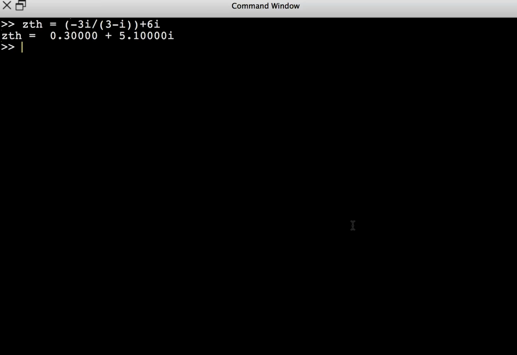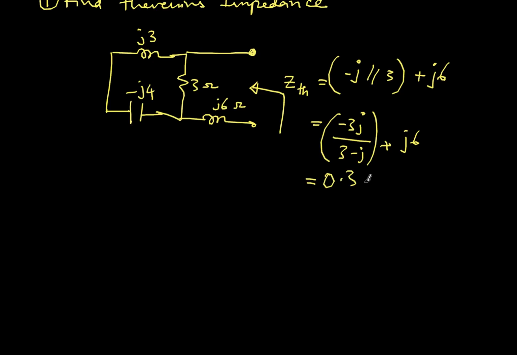I'm getting 0.3 plus 5.1I. So 0.3 plus J5.1 ohms. This is my Thevenin's impedance. I can convert it to polar form, but I'll leave it here. That is the first step.